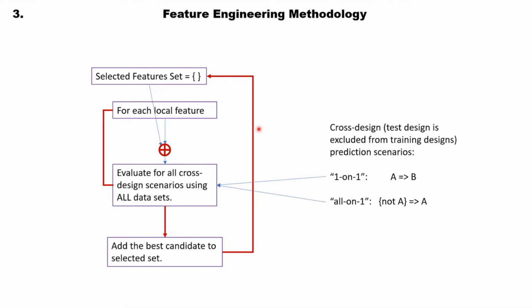The first scenario is one-on-one, using training on design A to predict design B. Another scenario is all-on-one, meaning using all training designs except the test design to predict the test design. The diagram here shows how individual features are ranked or scored given some pre-selected fixed features. In our study, all designs are rotated as the test designs exactly once. The ranking score is averaged from all rotations.